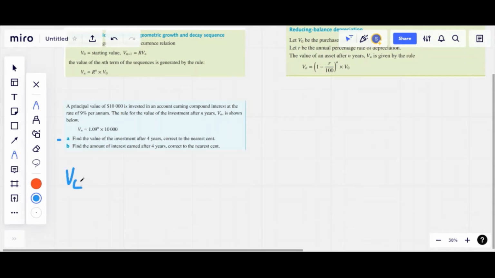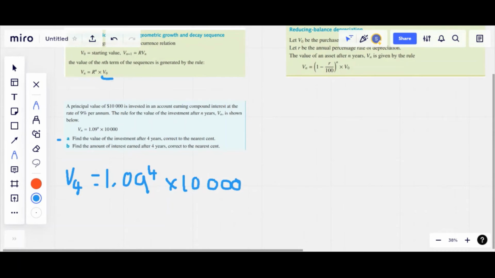So V4 is equal to 1.09 to the power of 4 times 10,000, because that is our initial amount. So that is our V0 value there.